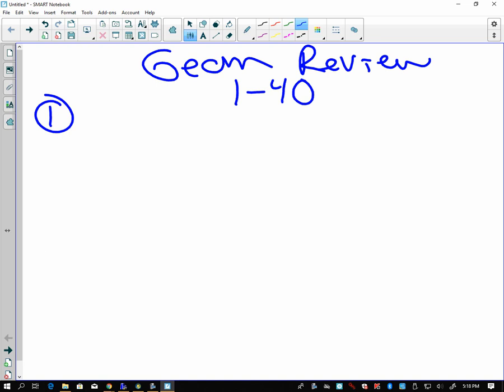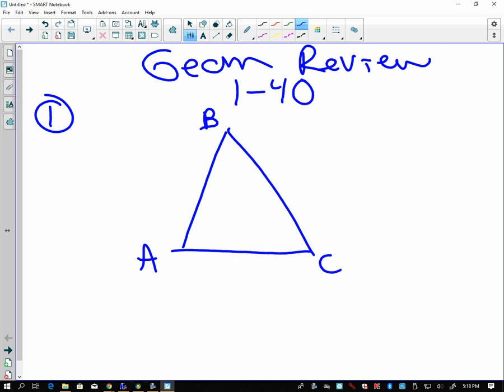First question up is going to be dealing with medians, or sorry, mid-segments of a triangle. They're going to tell you that these are medians. Let's go ahead and label this A, B, C. We'll get a median here, another median here, and another median here.